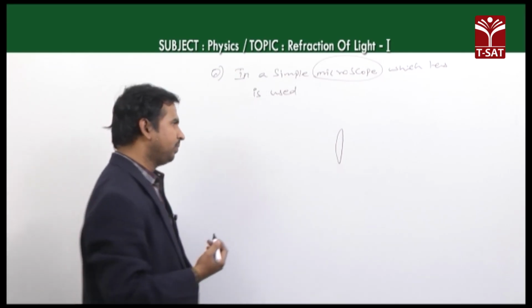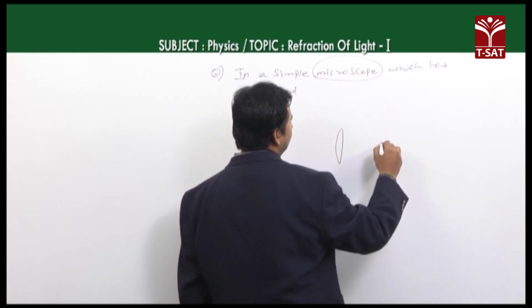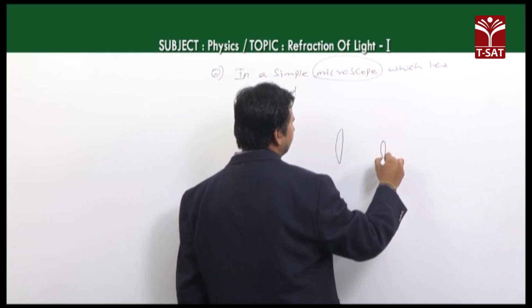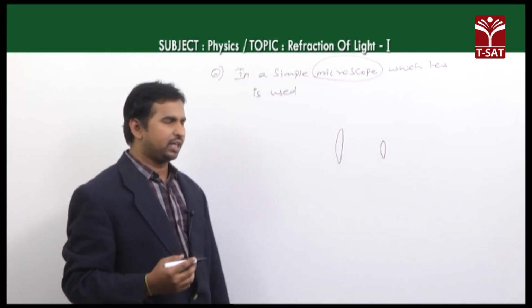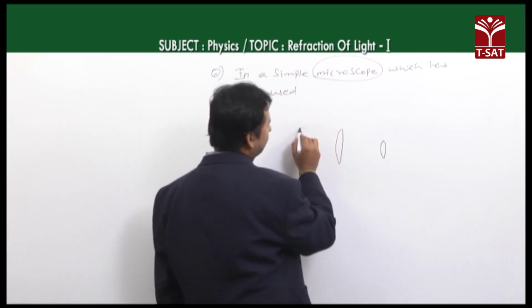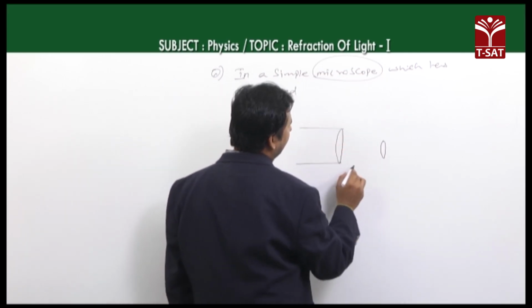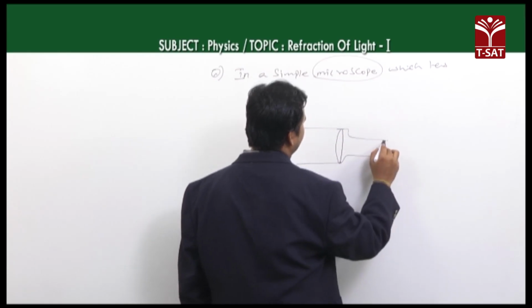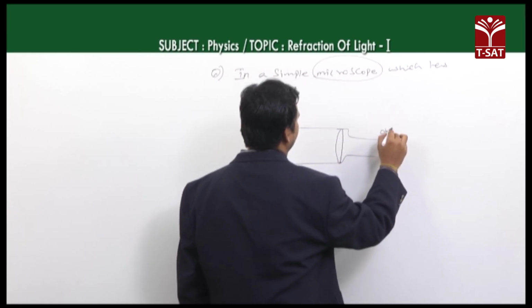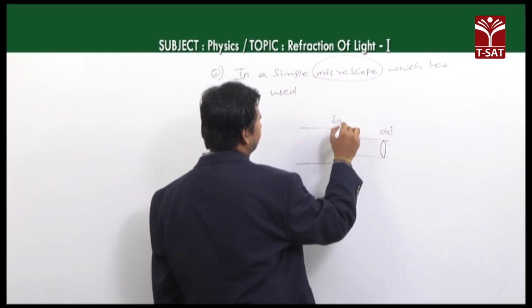That one is just before the object. These are the two lenses inside the microscope. This is the objective lens and this is our eye lens.